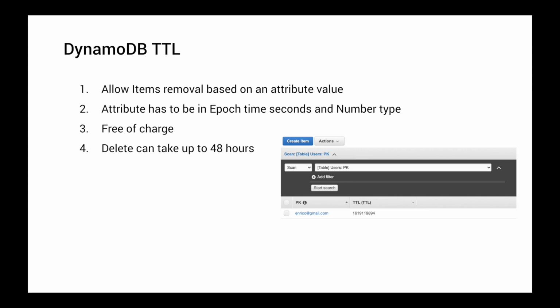I did a video about DynamoDB streams, I'm going to link in the description, but the idea here is that every time there is a deletion based on the TTL, the deletion of the item is reported by the DynamoDB streams as a delete item. So you can process the delete as if it were a normal delete on a DynamoDB table.